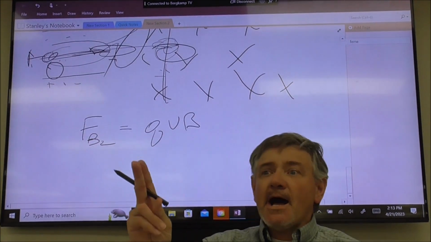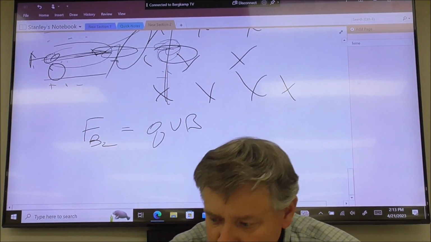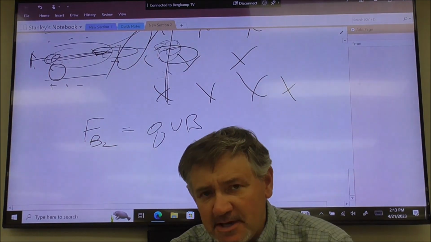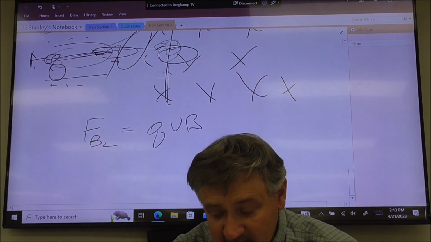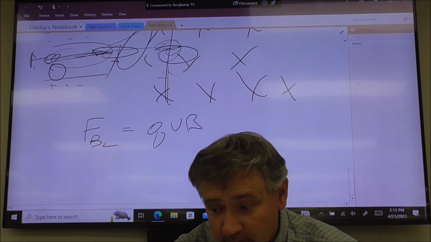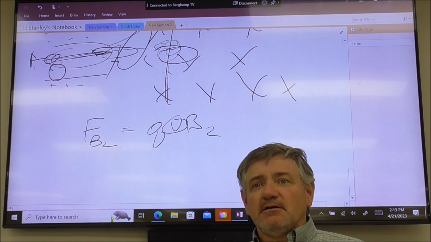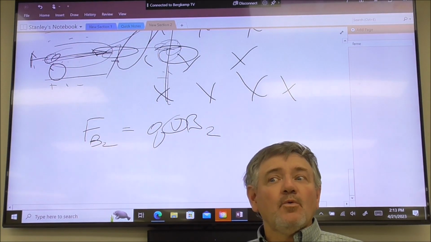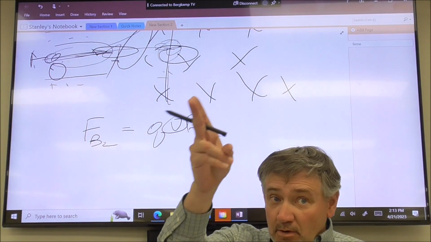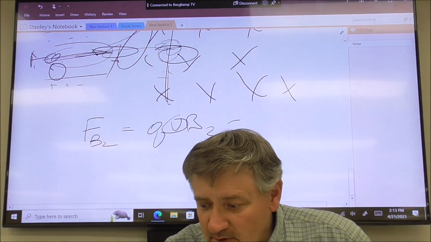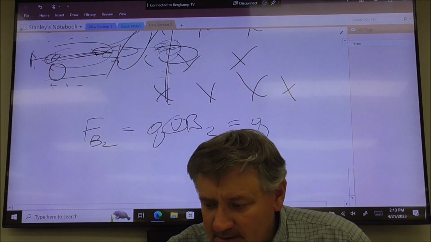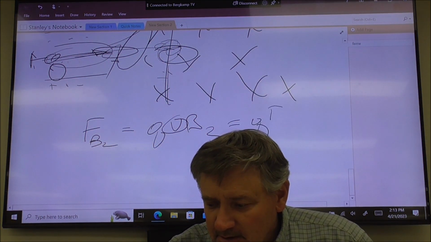But is that B going to be B1 or B2? B2. Now, how do we get the velocity? It's going to be V equals E over B1. So instead of this, we're going to put what? Q E over B1.